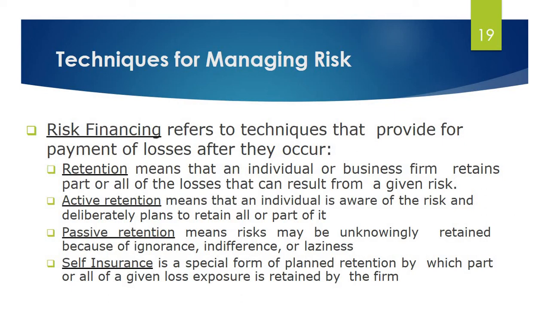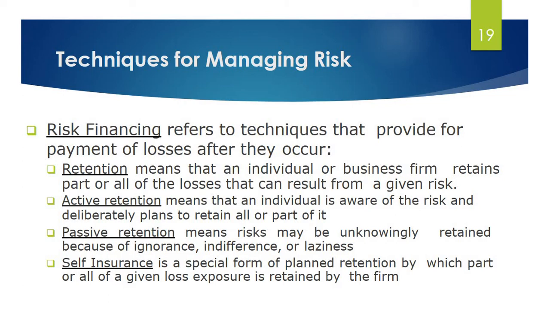It could be active retention, or risk retention could be passive retention as well. Active retention means that an individual is aware of the risks and deliberately plans to retain all or part of it. And so I have already said about the insurance policies.